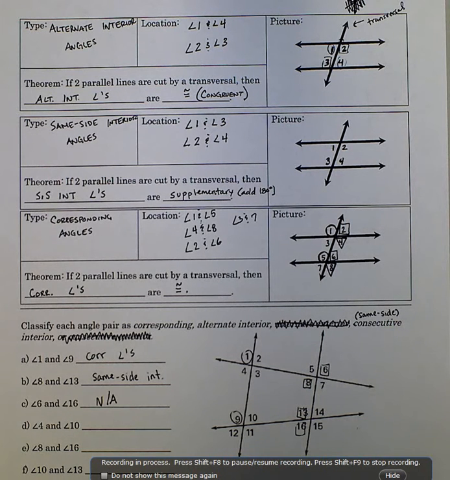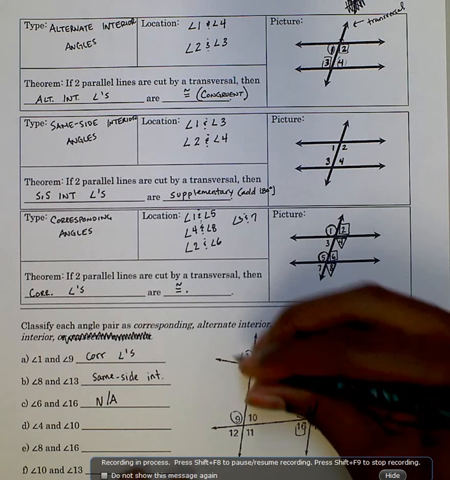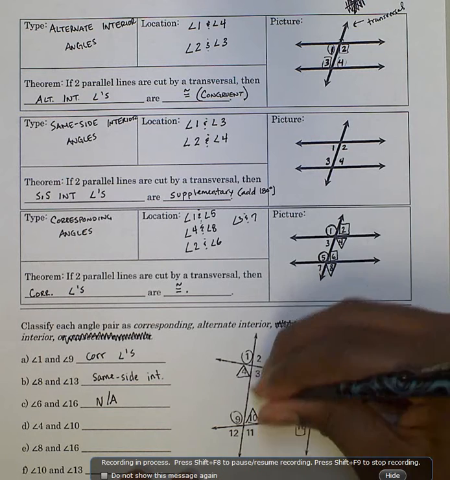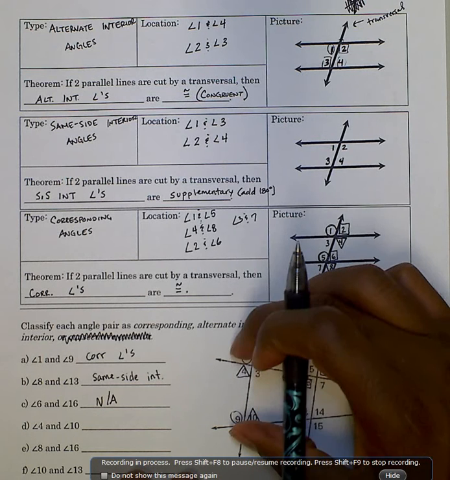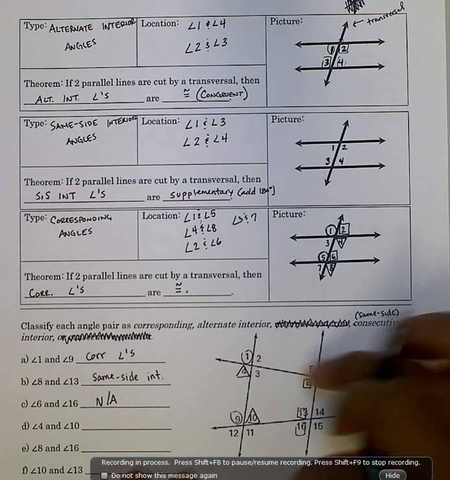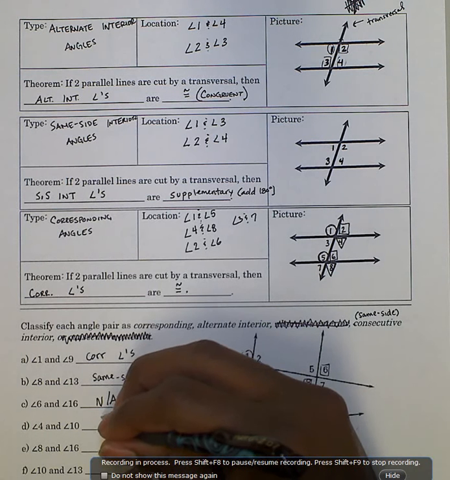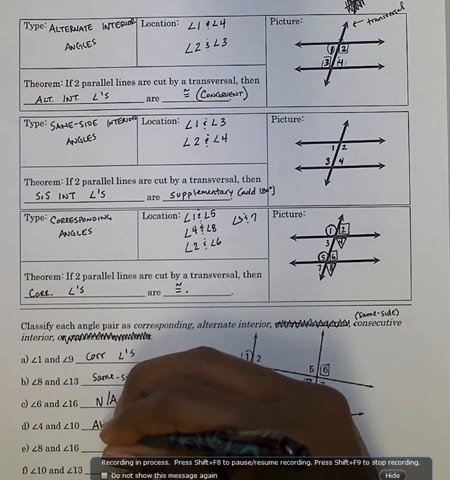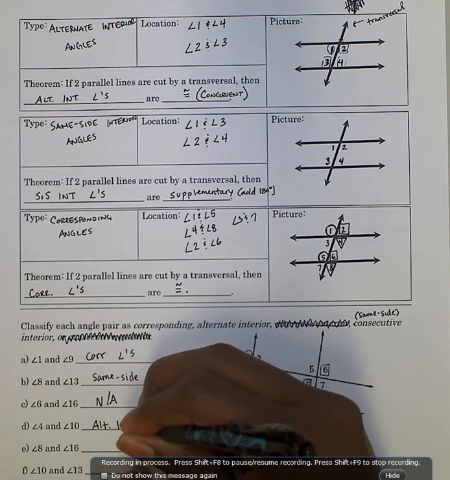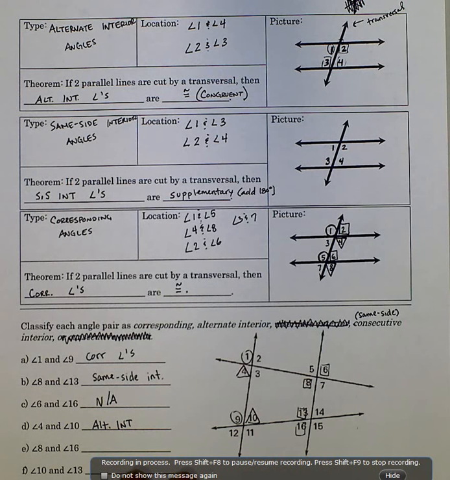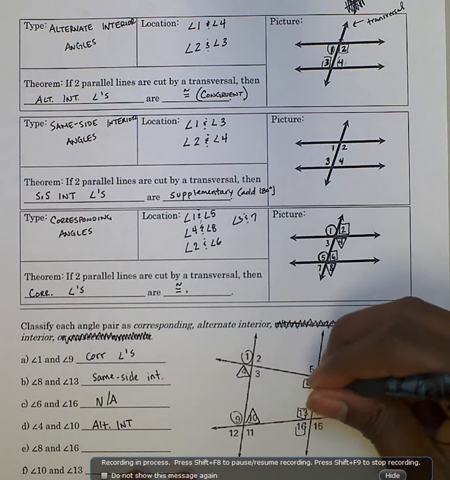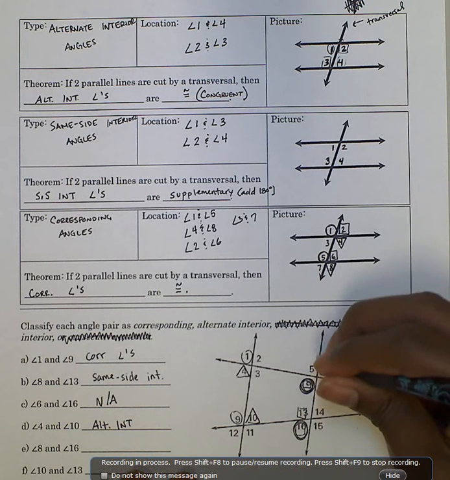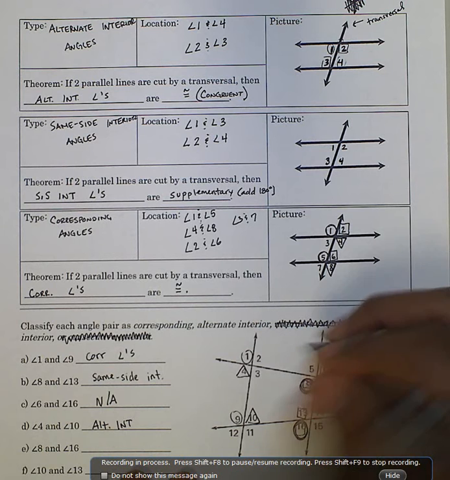Okay, angle 4 and angle 10. I'll just try to do this so that I can see 4 and 10. They're inside the two lines that the transversal intersects. So 4 and 10 are alternate interior. Angle 8 and 16. Okay, looking at this, bottom left, so I see they're corresponding angles.